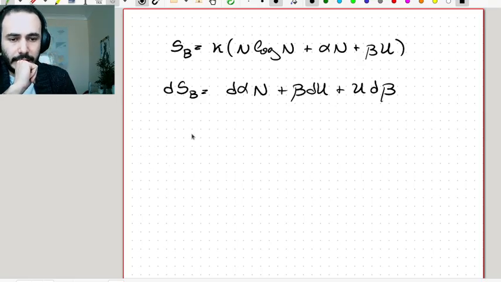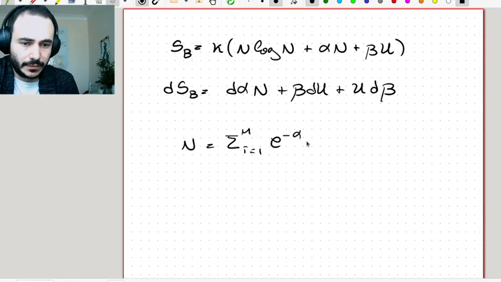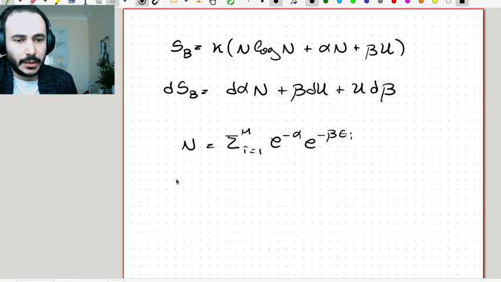So for the alpha we had said that, well, let's just write what we said. You have n, and n is the sum from 1 to m of e to the minus alpha e to the minus beta ei. Then we took the logarithm of this thing, and then we took the derivative of that.